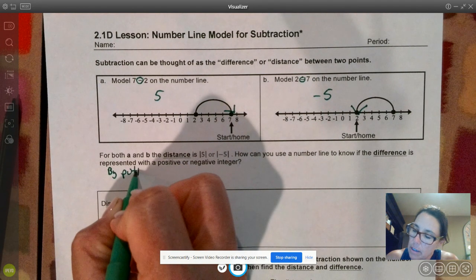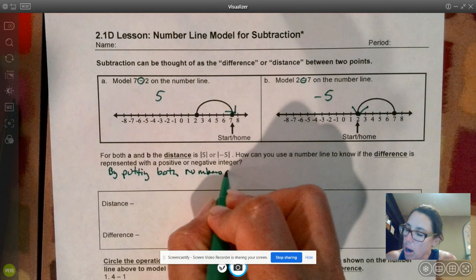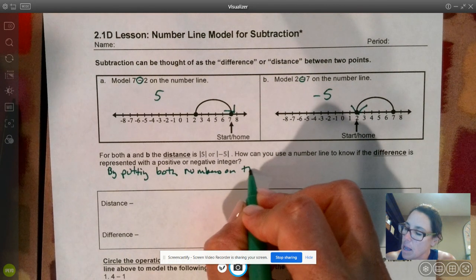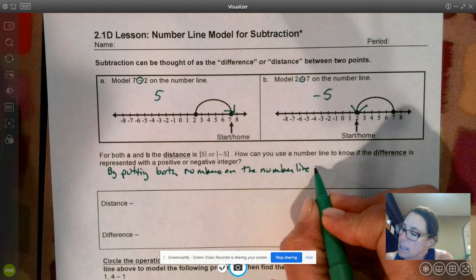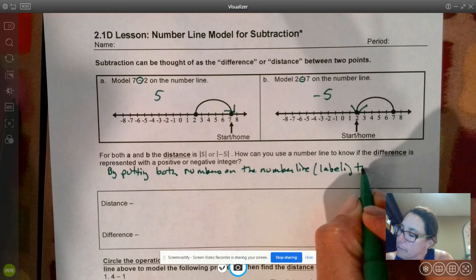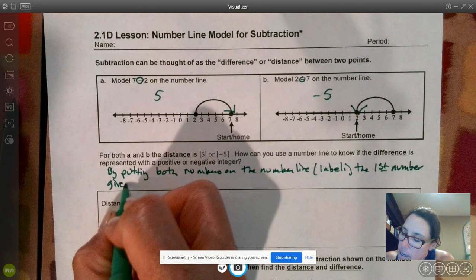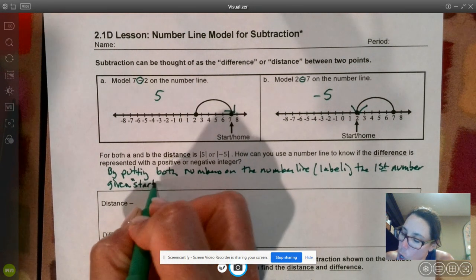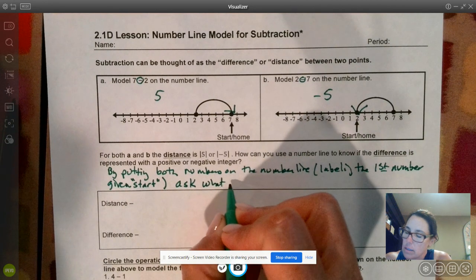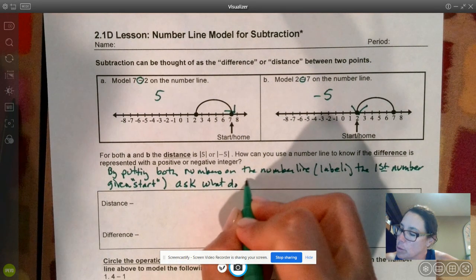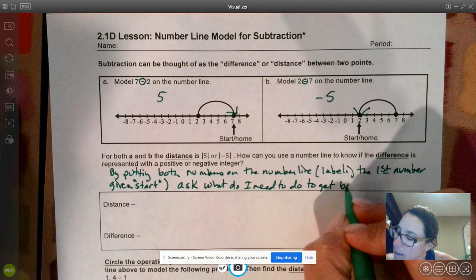Okay, so here's my response to that. By putting both numbers on the number line, labeling the first number given start or home, ask, what do I need to do to get back to start?